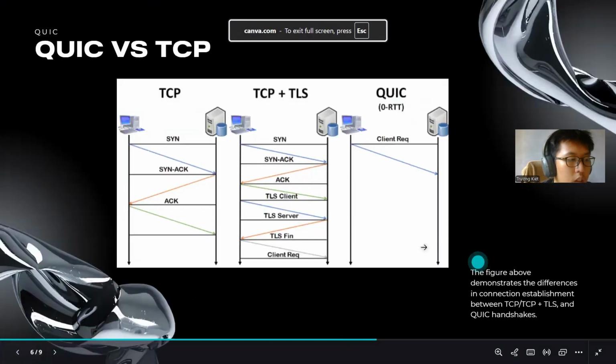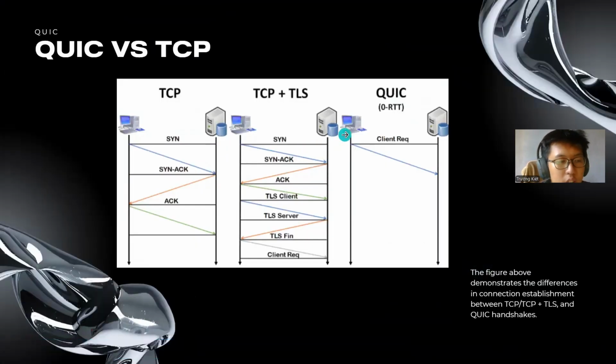The figure above demonstrates the differences in connection establishment between TCP, TCP with TLS, and QUIC.